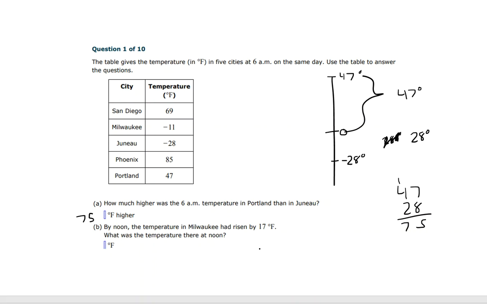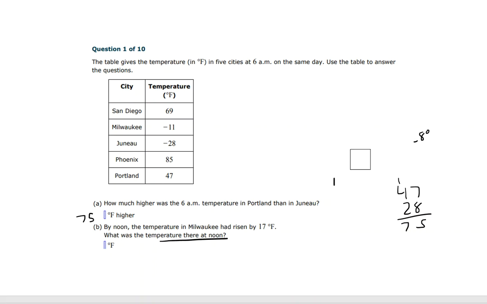Okay, the next question. By noon, the temperature in Milwaukee had risen by 17 degrees Fahrenheit. What was the temperature there at noon? Okay, so in order to do this one, we're going to have to look at what Milwaukee's temperature is. And then we're going to have to take into consideration that by noon, it had risen by 17 degrees.